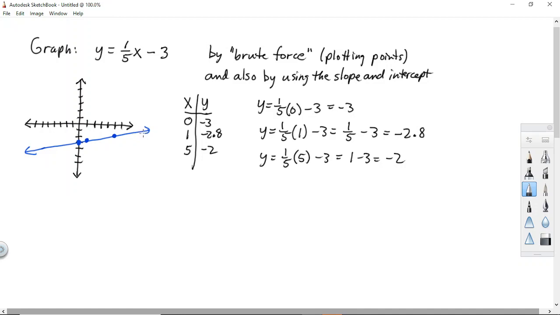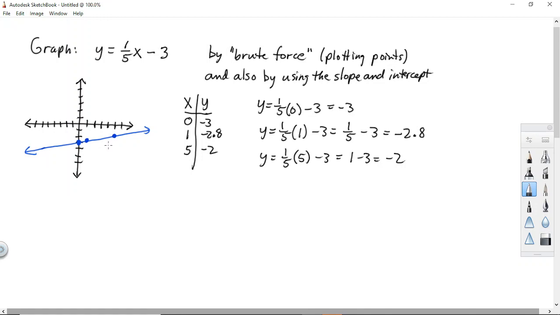With a lot of equations, you may need more because you need enough points to show the shape, such as in the absolute value equations. You have to get that V shape. If you have points that are only on one side of the V, you won't be able to actually get the equation graphed. But for lines, it's pretty simple. 2 points is enough.